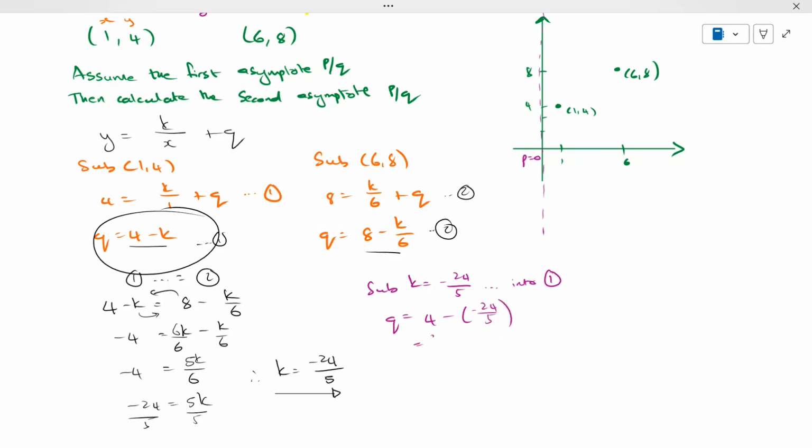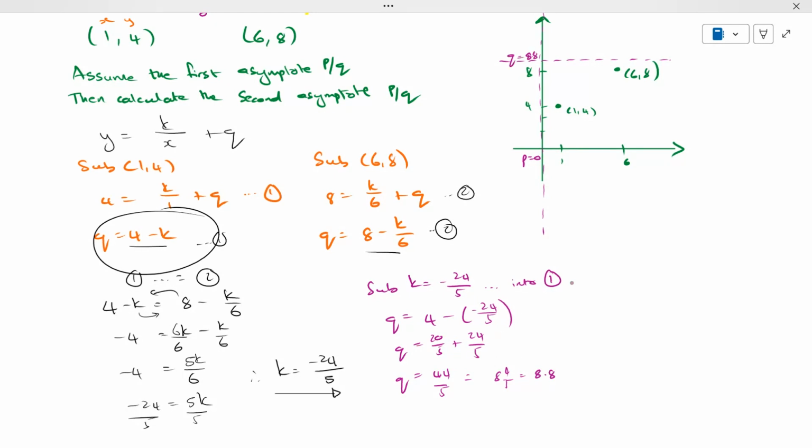This is the same as 20 over 5, which is 4. So I can have a common denominator, or I can just use a calculator. 20 plus 24 is 44 over 5, and that becomes my q value. 44 divided by 5 is 8 and 4/5, which is the same as 8.8, which is above here, and it looks like that's exactly where it went to. It went to 8.8, and that's going to be my q value.